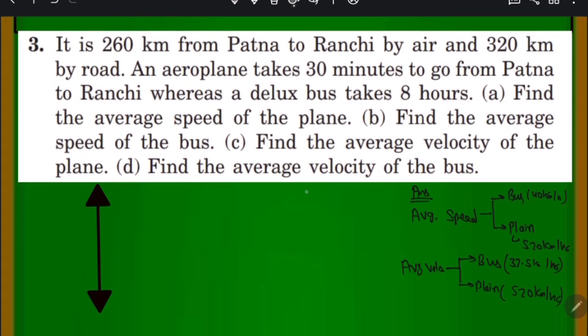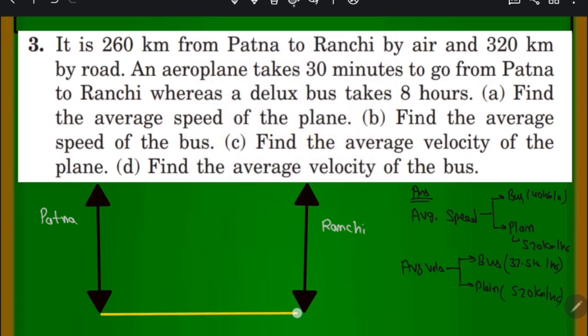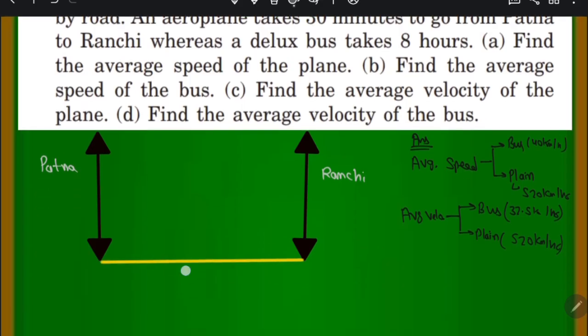Like Patna to Ranchi. This is our Patna and this is our Ranchi. Right? So this is our road trip.